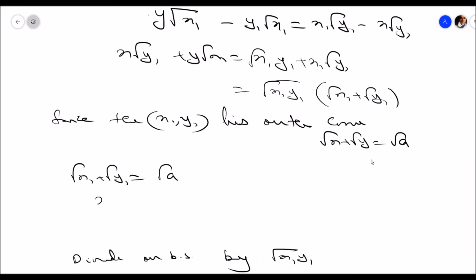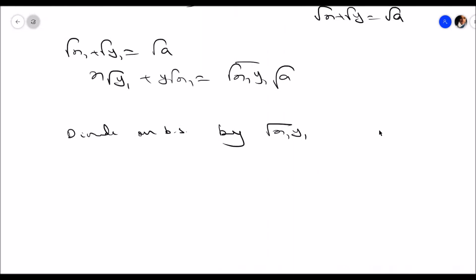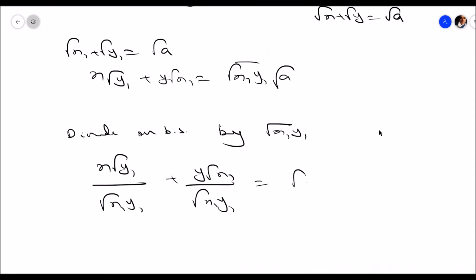Which I'll substitute over here, which will give me x root y1 plus y root x1 is equal to root x1 y1 into root a. Now I'll divide on both sides by root x1 y1, which will give me x root y1 by root x1 y1 plus y root x1 by root x1 y1 is equal to root a.